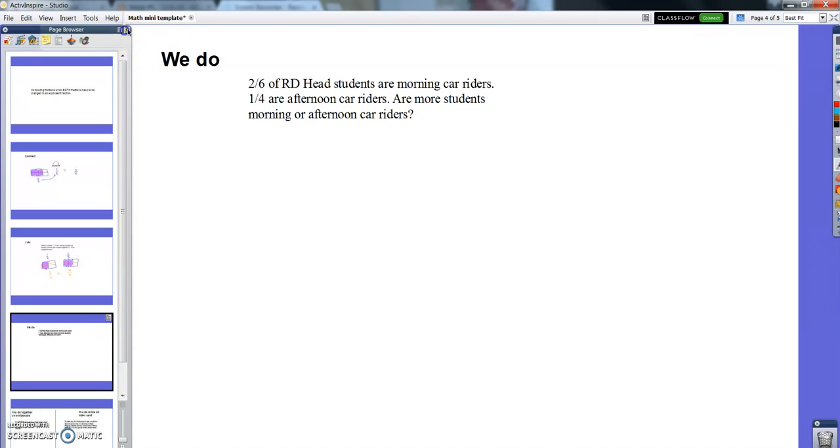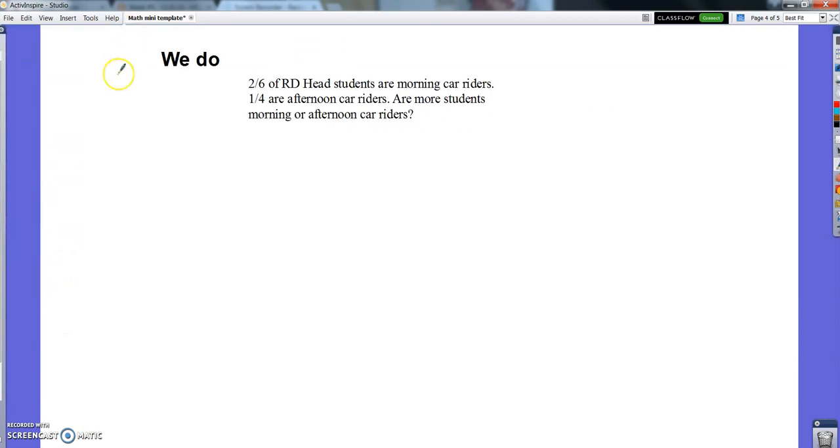All right, let's do one together. All right, 2/6 of RD head students are morning car riders. 1/4 are afternoon car riders. Are more students morning or afternoon car riders? So let's see which of these two fractions is greater. So we've got 2/6 and we've got 1/4.